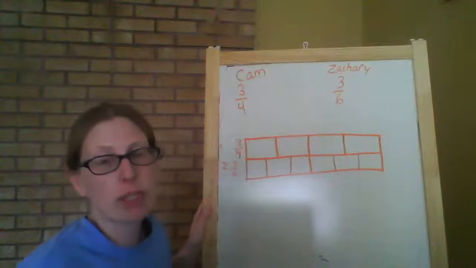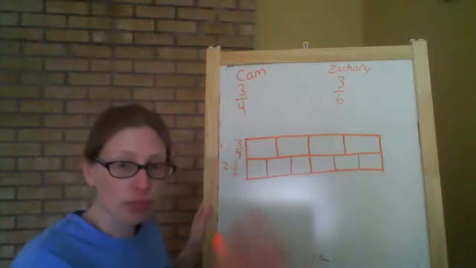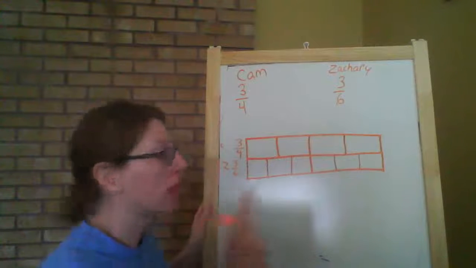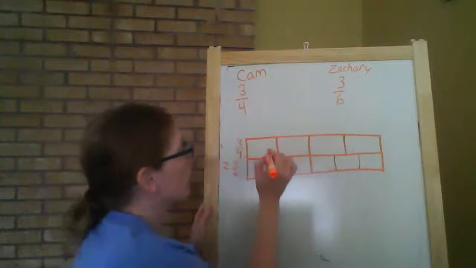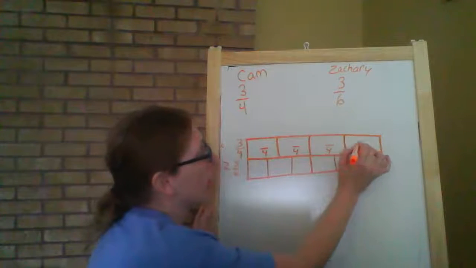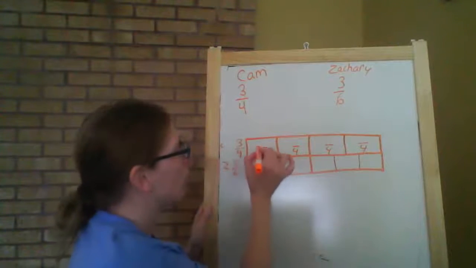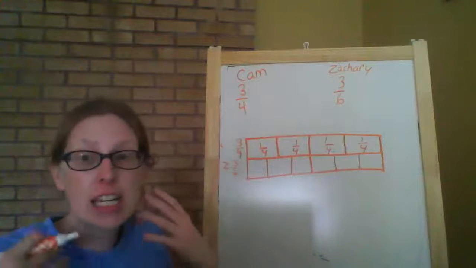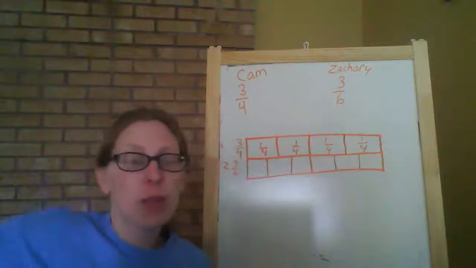Next, I'm going to label my unit fraction. Unit being singular because I'm talking about one equal part. I have 1, 2, 3, 4 parts, so my denominator is 4. Each one of these is 1 part. So what's my unit fraction?